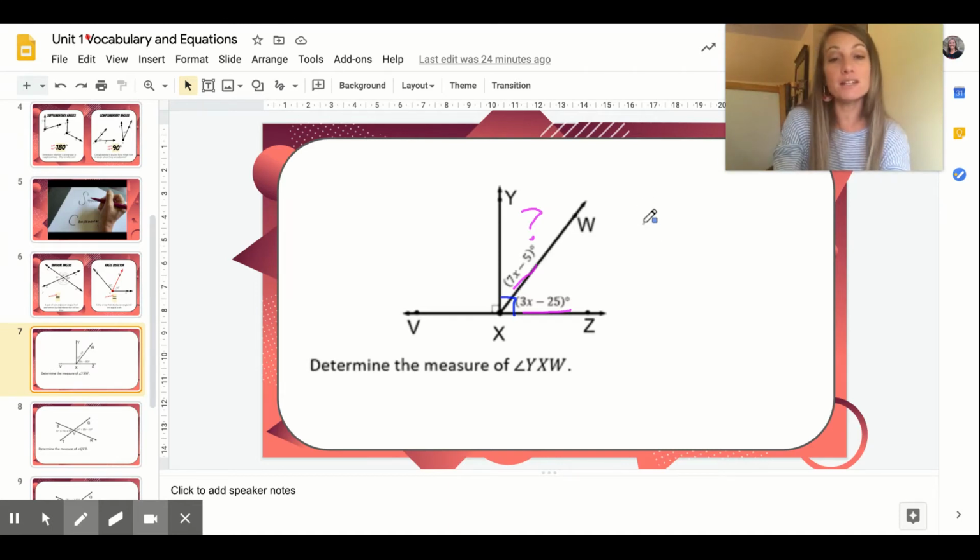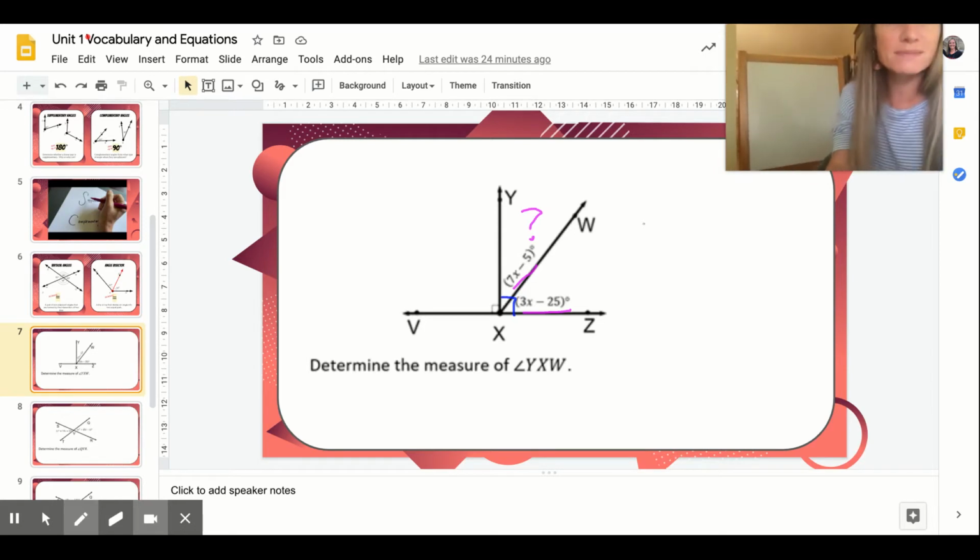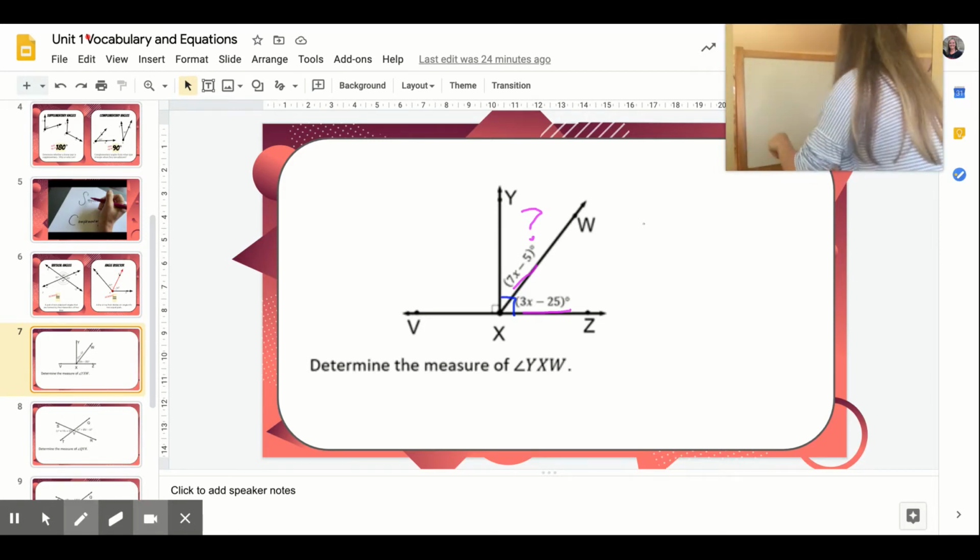So I would put 7x minus 5 plus 3x minus 25 equals 90 degrees. Definitely not 180 because it's not a line.